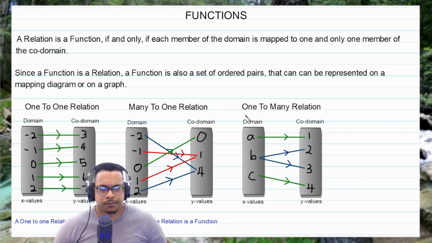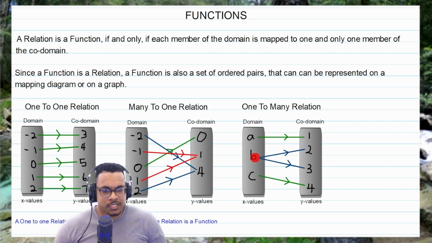So here we have an example of a one-to-many relation. We have the domain here and we have the codomain here. Now each member of the domain is mapped, so it satisfies that condition where each member of the domain must be mapped. Now let's check to see if each member of the domain is mapped to one and only one member of the codomain. That happens here. This member of the domain is mapped to one and only one member of the codomain, and C is mapped to one and only one member of the codomain.